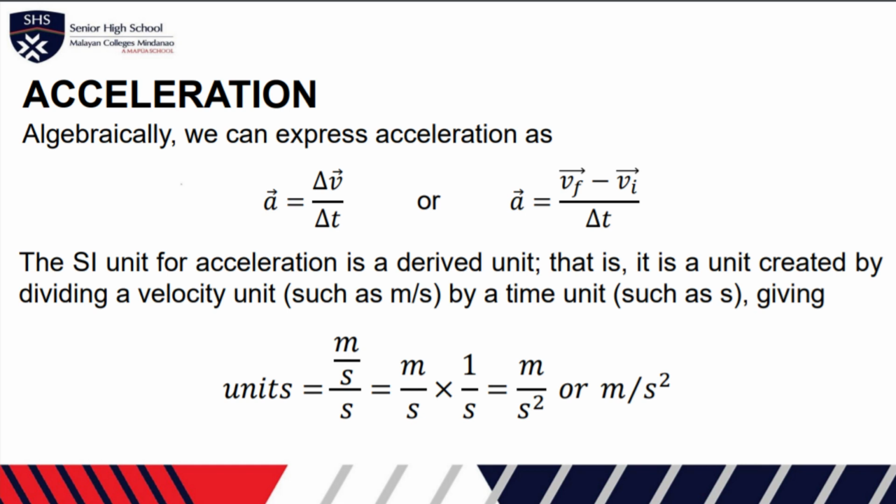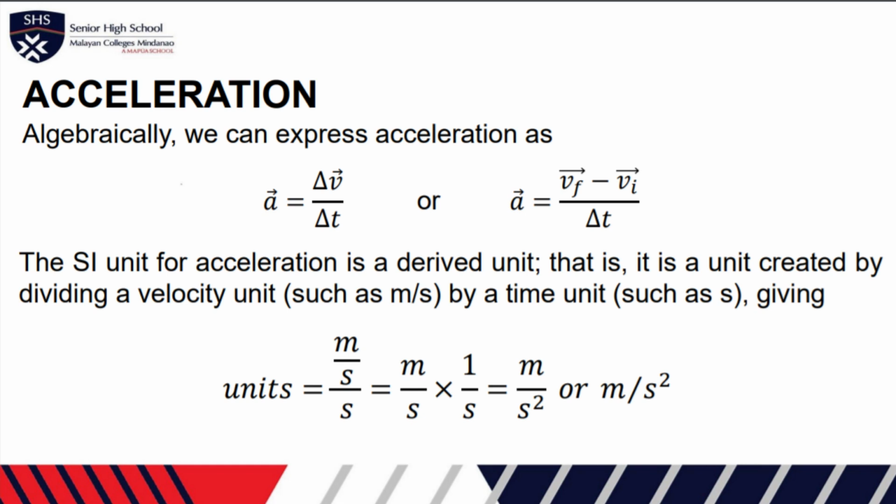Remember, the SI unit for acceleration is a derived unit. That is, it is a unit created by dividing a velocity unit such as meter per second by a time unit such as s. By the way, before I proceed, this concept has been discussed in lesson 1, the derived units, if you could still remember.